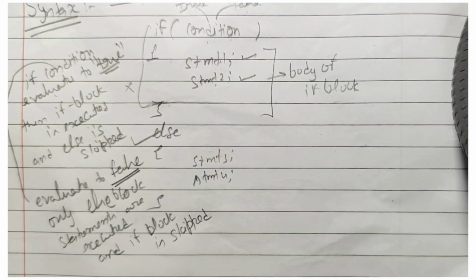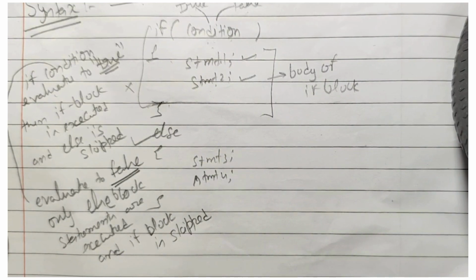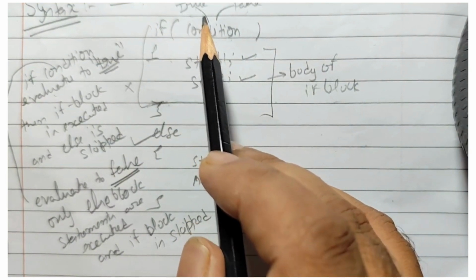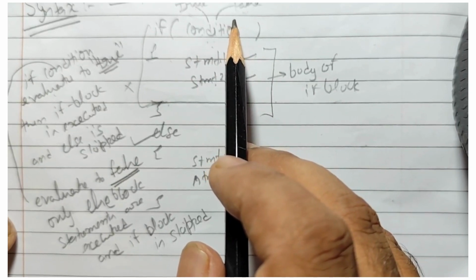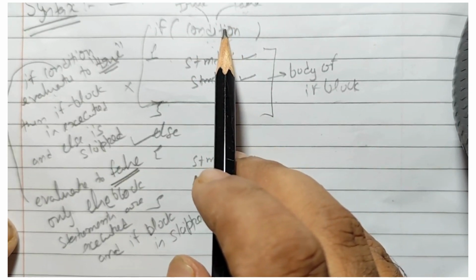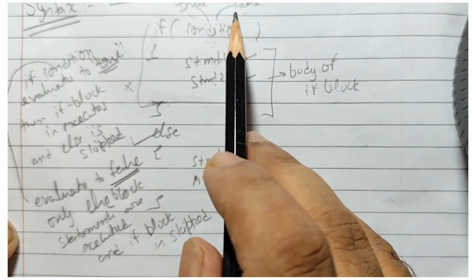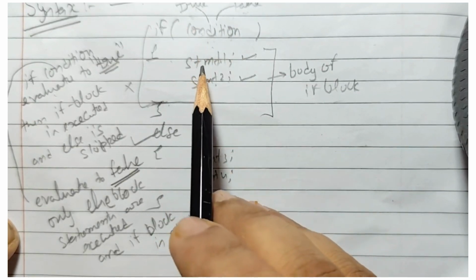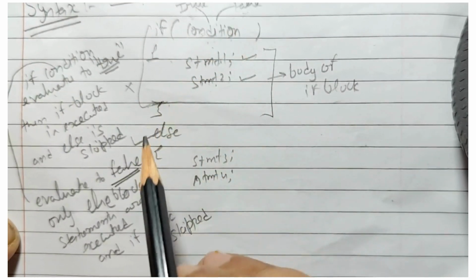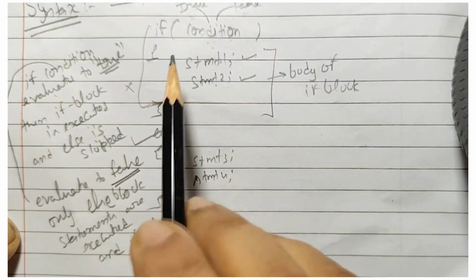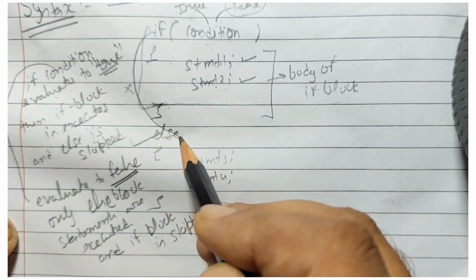I hope everyone is clear about this point, because this condition always returns two values, either true or false. It will not return both at a single time. Either it returns true or it returns false. If it returns true, then statement 1 and 2 are executed, otherwise if the condition evaluates to false, then statement 3 and 4 are executed. It means if the condition evaluates to false, control jumps to the else block automatically.